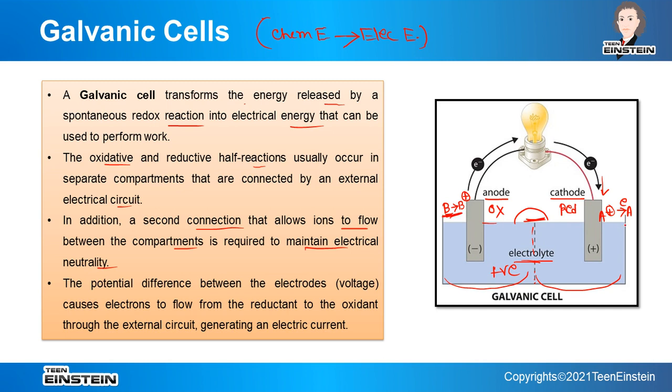And in the right hand side, suppose here we have copper sulfate. Now copper 2 plus is converted to Cu, so now there will be a lack of positive charge.